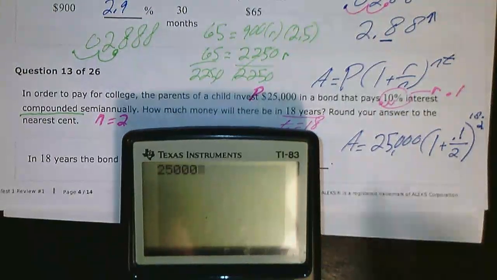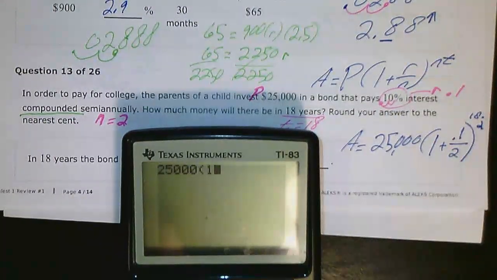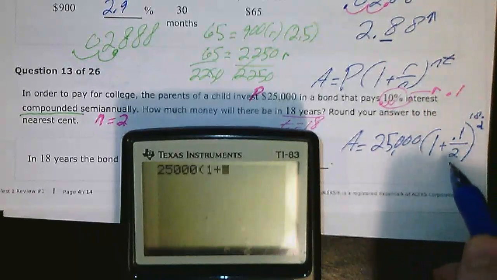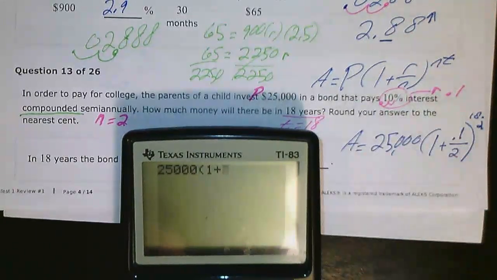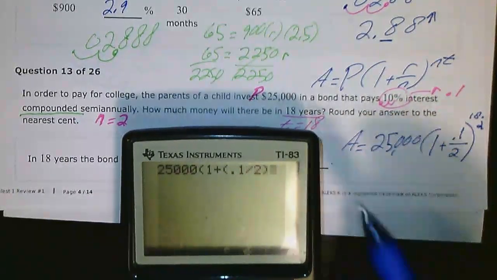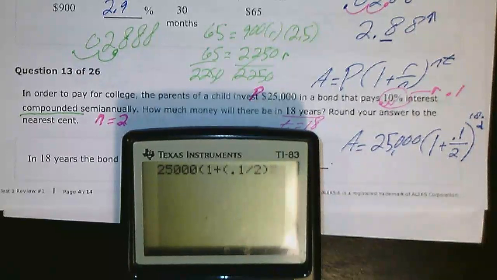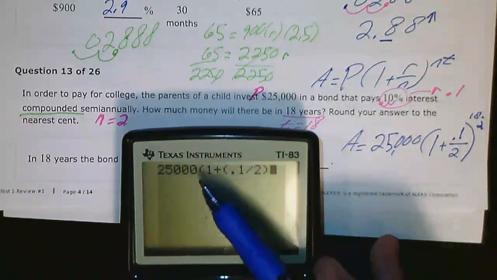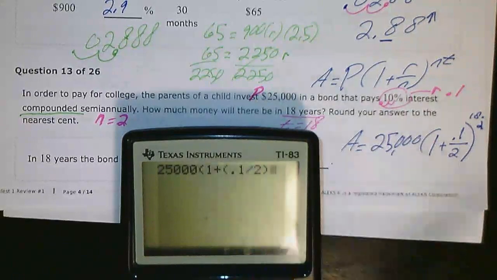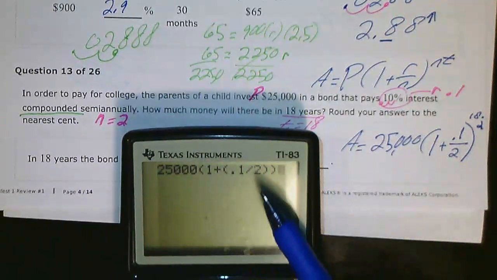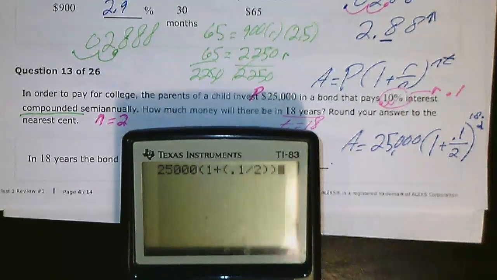25,000 times 1 plus, I'm going to put this fraction in parentheses. If you have an 84, I don't think you have to do that. But 0.1 divided by 2. And again, if I open a parenthesis, I need to close the parenthesis. So I need to close this one that's open. If I see 2 open parentheses, I should see 2 close parentheses.